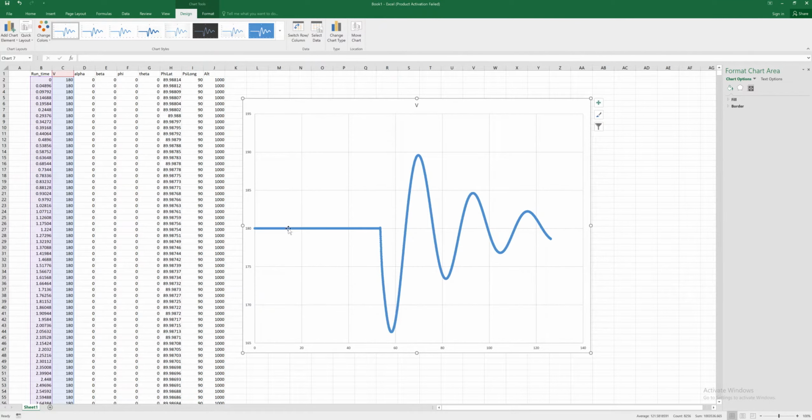Okay, so we started off in this trim condition, and then I did that, it's called a pitch rap, where I hit the elevator, and you can see as I plot velocity as a function of time that we've got this oscillatory mode here, and this is the phugoid, right? So this is large changes in velocity and only small changes in angle of attack.